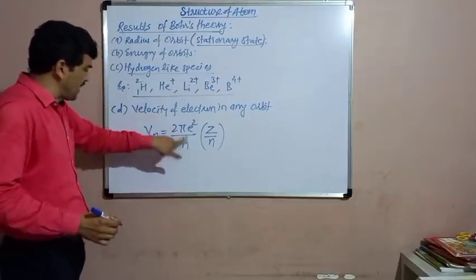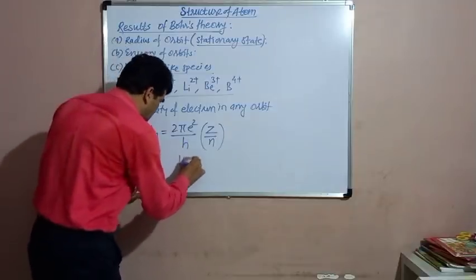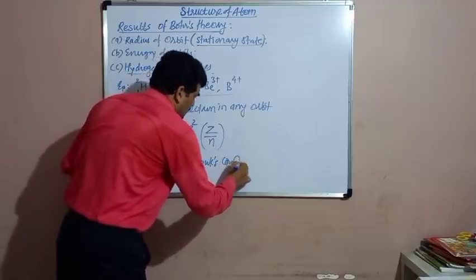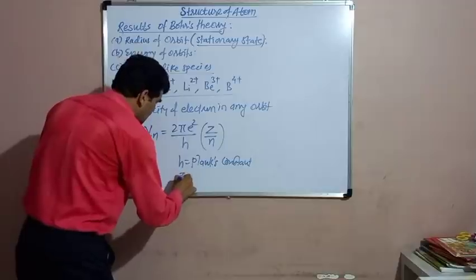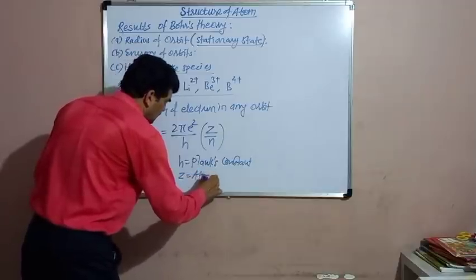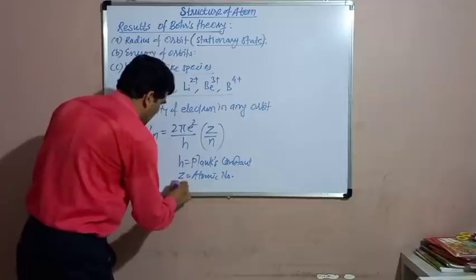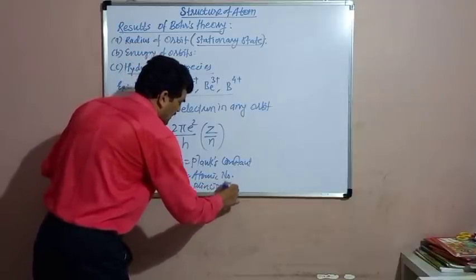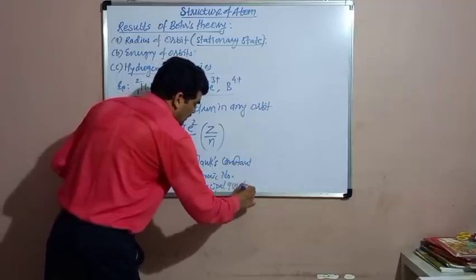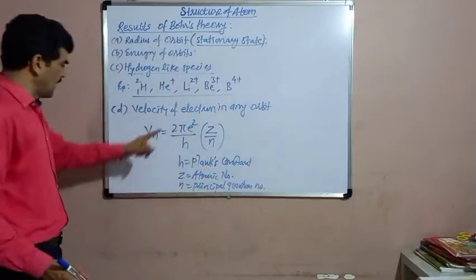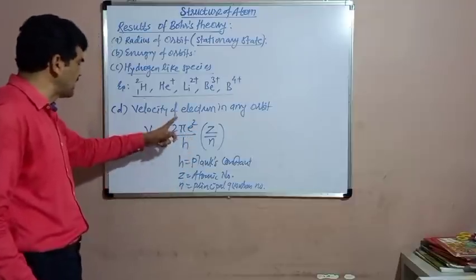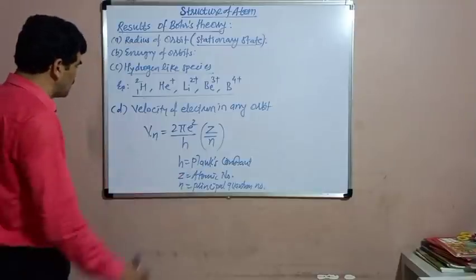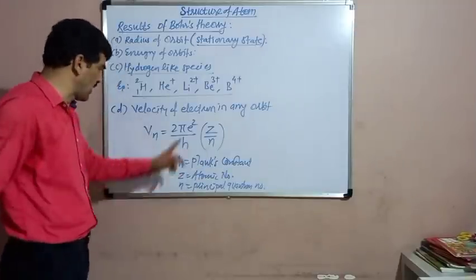This is the formula where h is the Planck's constant, Z is the atomic number, n is the principal quantum number, that is the orbit number, e is the charge on electron, and pi is the constant. So by using these values, we can calculate the velocity of electron in any orbit.